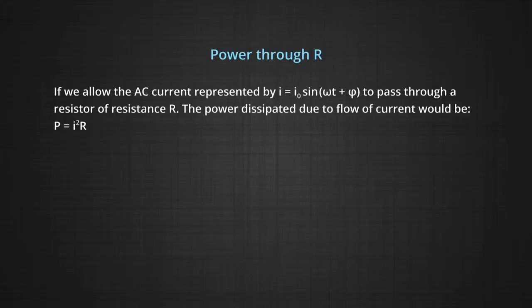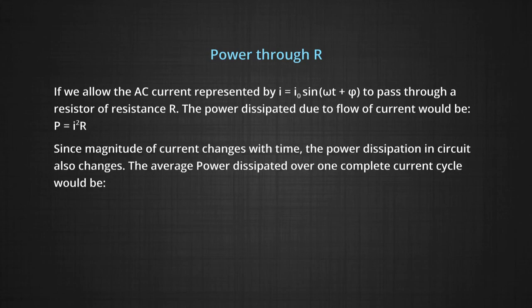At the same time, if you would like to see the power through a resistance, we can just brief here. If we allow AC current, suppose I is equal to I naught sin omega t plus phi, which passes through a resistor of resistance R, the power dissipated due to the flow of current would be P equal to I squared R. Since the magnitude of current changes with time, the power dissipation in the circuit also changes.